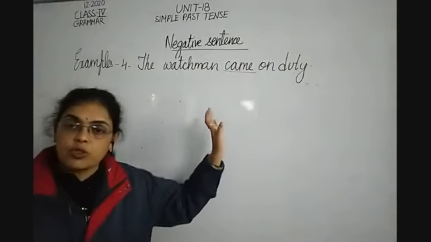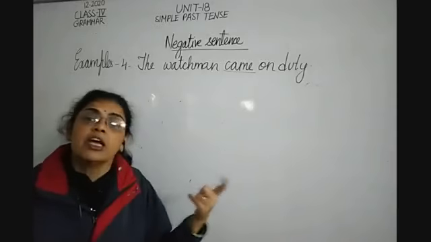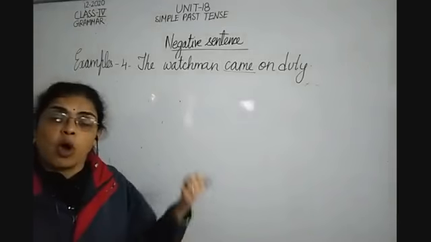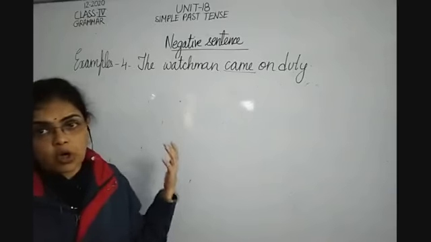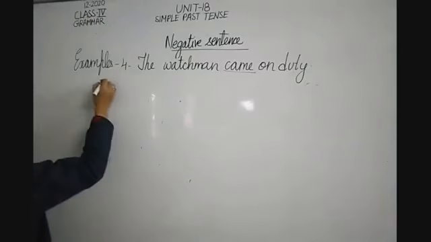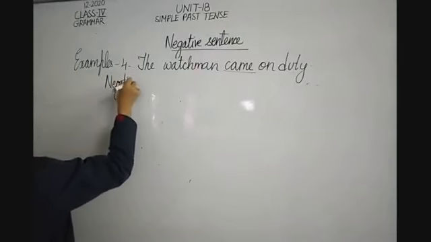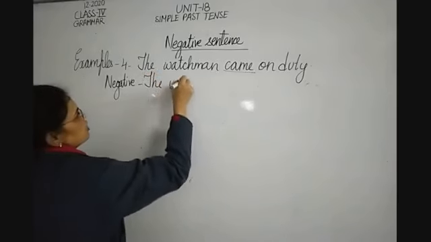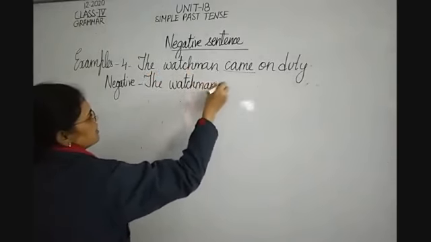Now, what are you supposed to do? You are supposed to bring back the verb to its root form. Underline क्यों किया है? So that it reminds you, you need to change the verb to the root form. और उसके पहले उसमें हम क्या ऐड करेंगे? उसमें हम did not add करेंगे. So our negative sentence will be, subject क्या है, the watchman, जो एक्शन करता है जिसके बारे में बात हो रही, that is the subject.